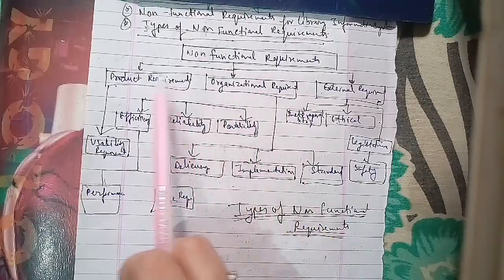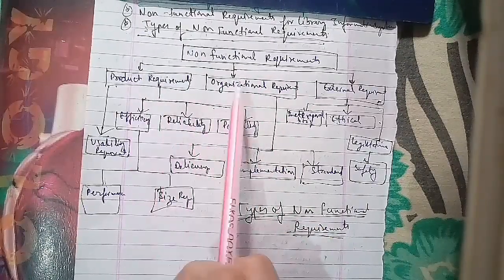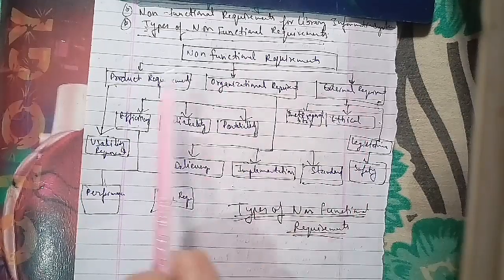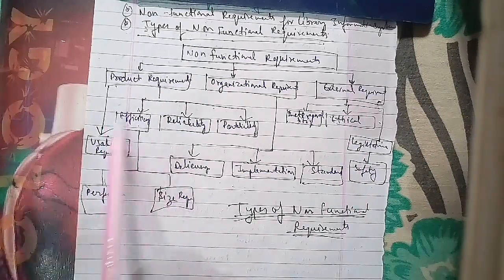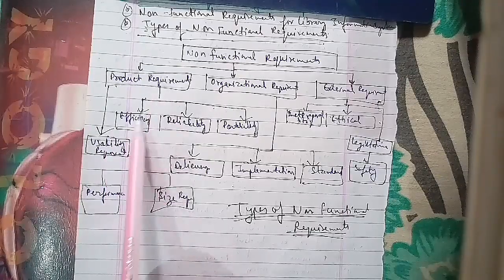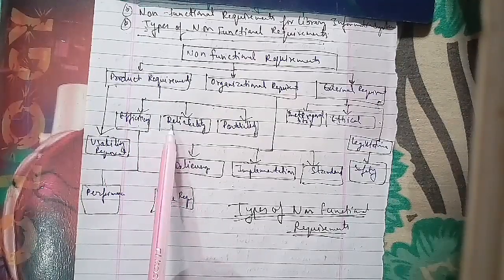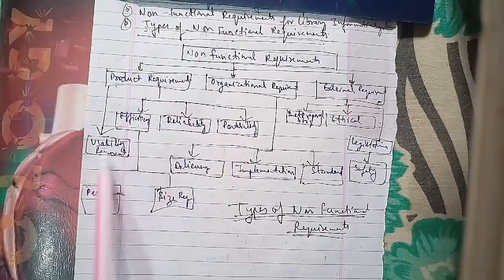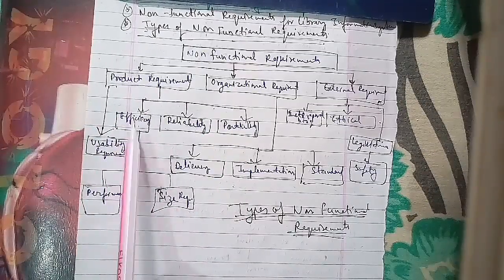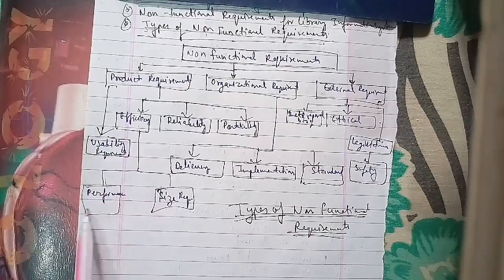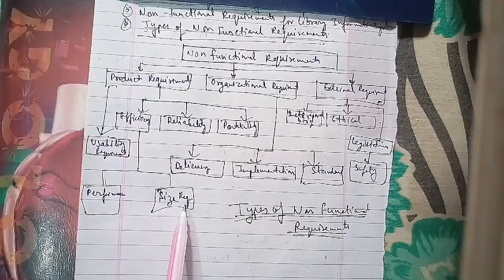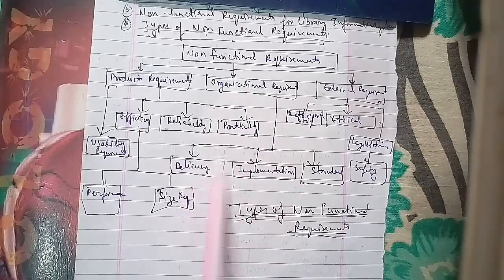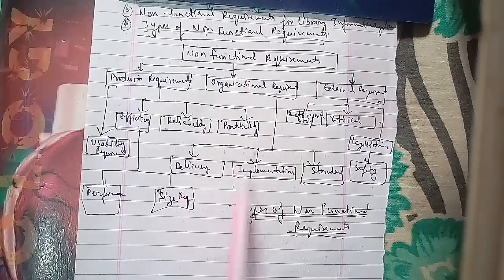The organizational requirement has been divided into three: delivery requirement, implementation requirement, and standard requirement. The external requirement has been divided into three: interoperability requirement, ethical requirement, and legislative requirement. And legislative requirement is also divided into one, your safety requirement. Okay, this is all we can say about the types of non-functional requirement.